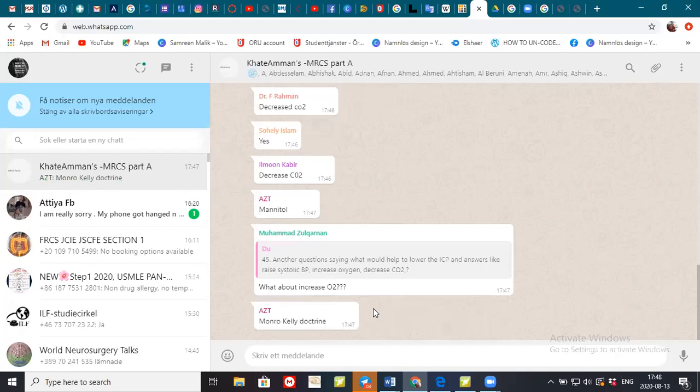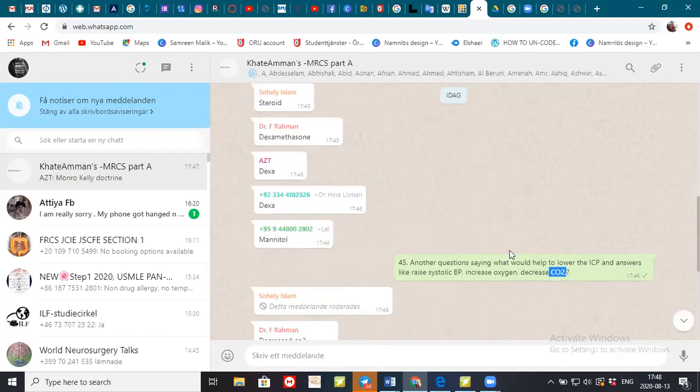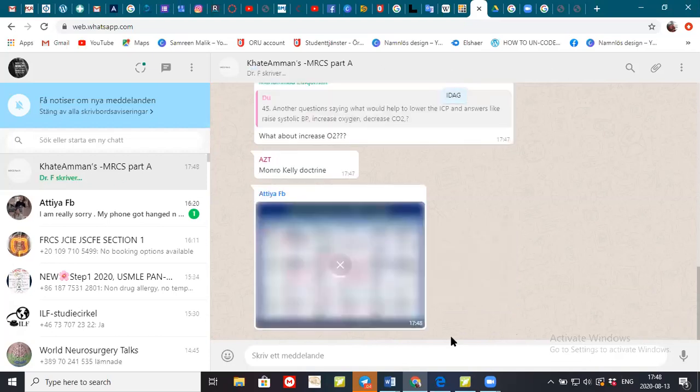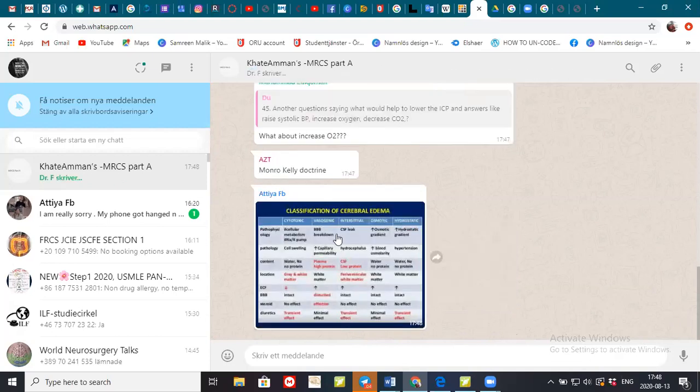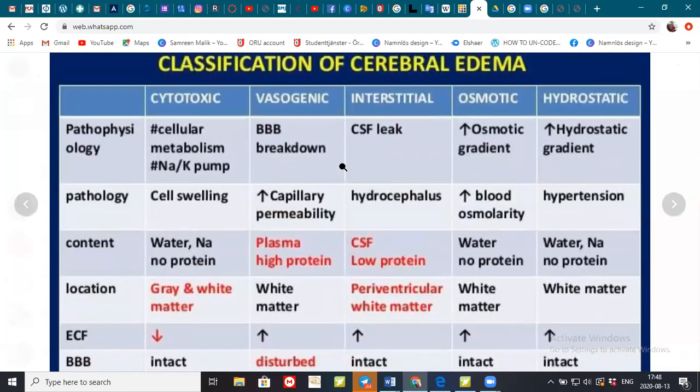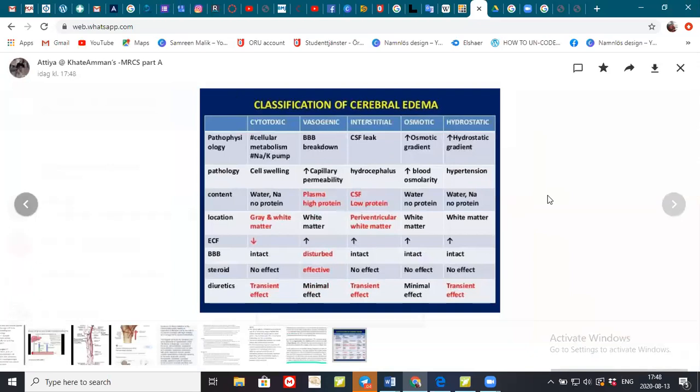Would you or would you not recommend mannitol for that patient? Ma'am, for cerebral edema, mannitol is given. I'm just discussing how to lower intracranial pressure. If the first measures like the patient's position, then oxygen, then carbon dioxide don't improve the intracranial pressure, then we'll have to add mannitol.